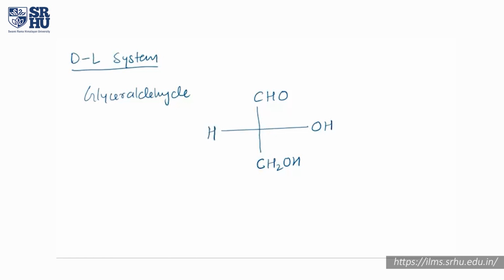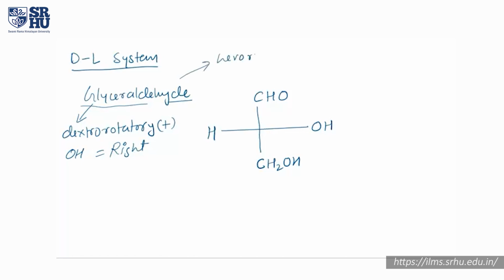First of all, in this standard, we have chosen that the glyceraldehyde which is dextrorotatory, that means plus, while writing its Fischer configuration, its OH group will be written on the right hand side, while the glyceraldehyde which is levorotatory, which is minus, its OH will be written on the left hand side. First of all, we have assumed this.